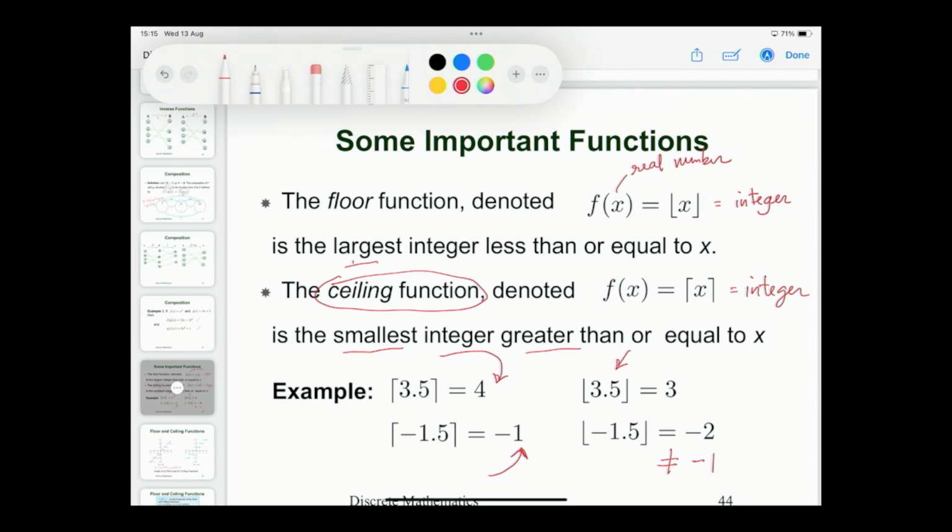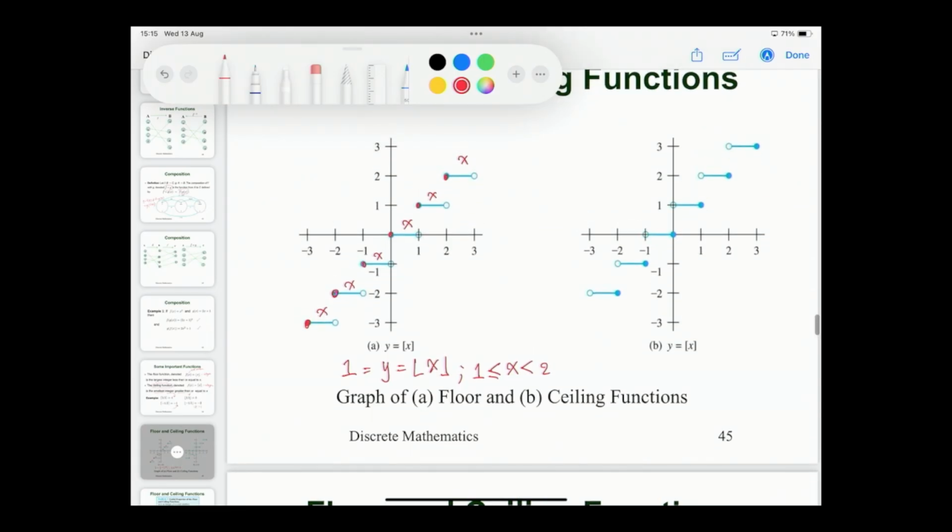You just look at the sign. Like when x is -1.5, where is it? It could be around here. x could be somewhere here.